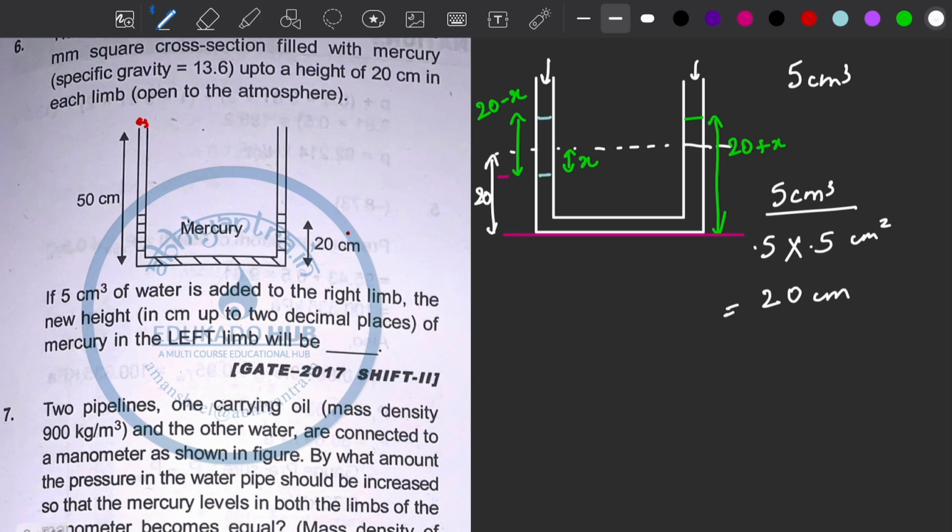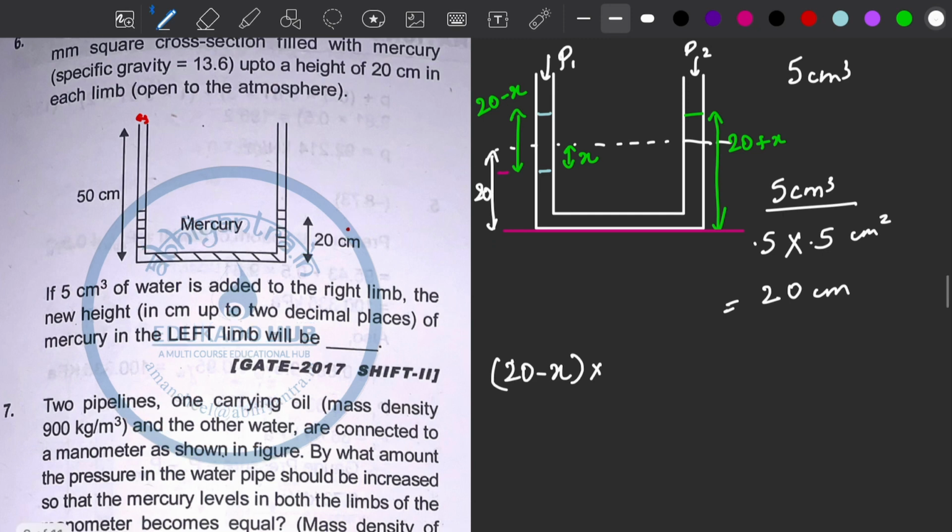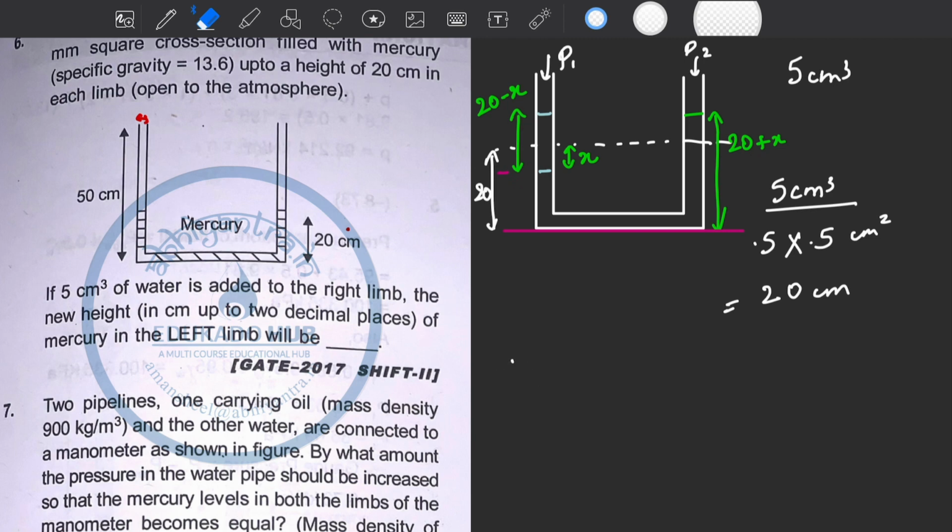Let's say this is P1 and this is P2. So I can say that the pressure of water column is 20 centimeter. Let it be like that, 20 minus X is the height into water height, right, for the pressure P1.